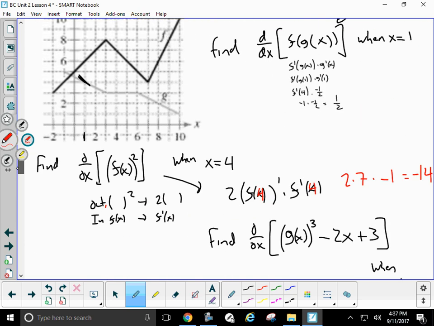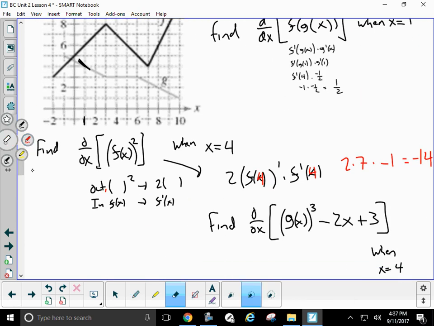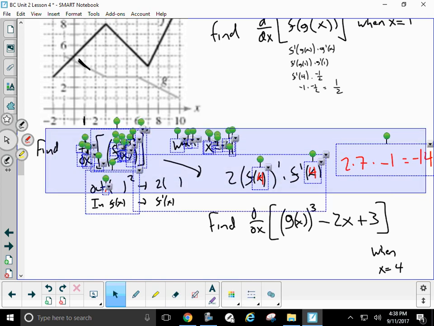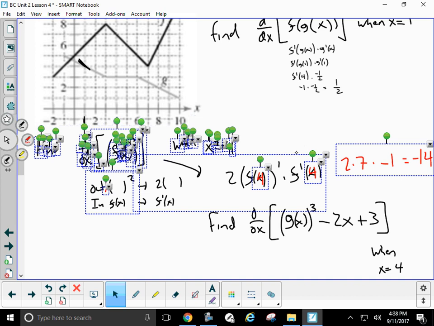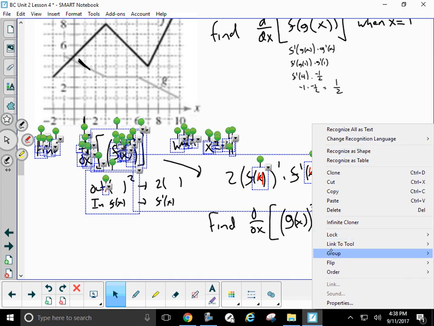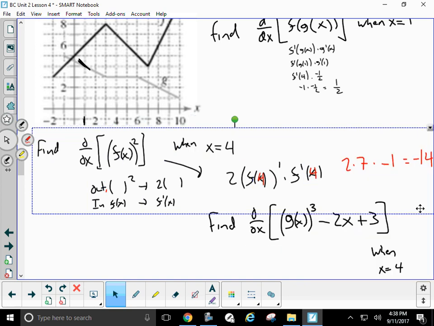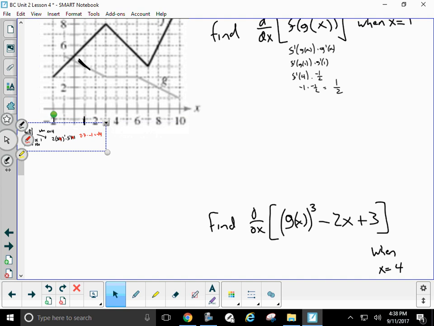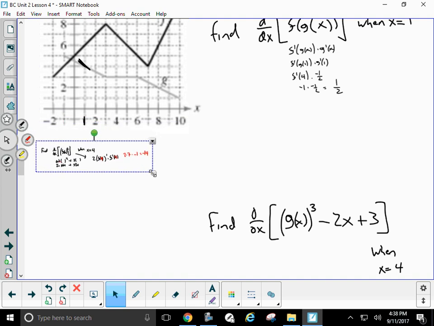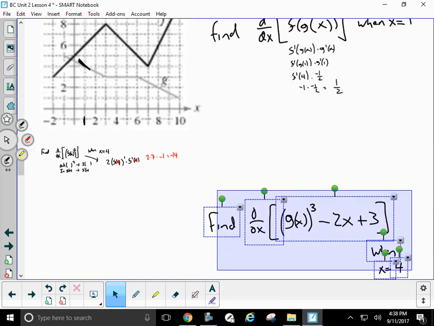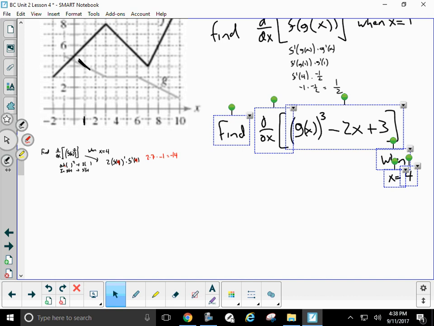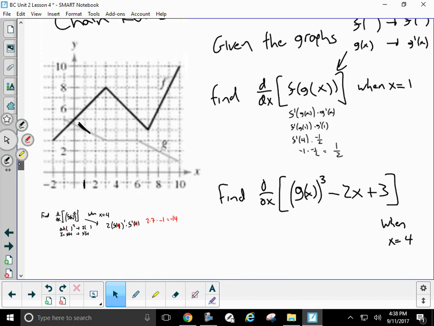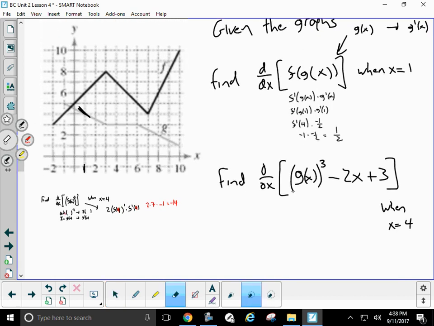Let's do another one. This guy, g of x cubed, okay? Well, why don't we go ahead and just put in that root g of x.